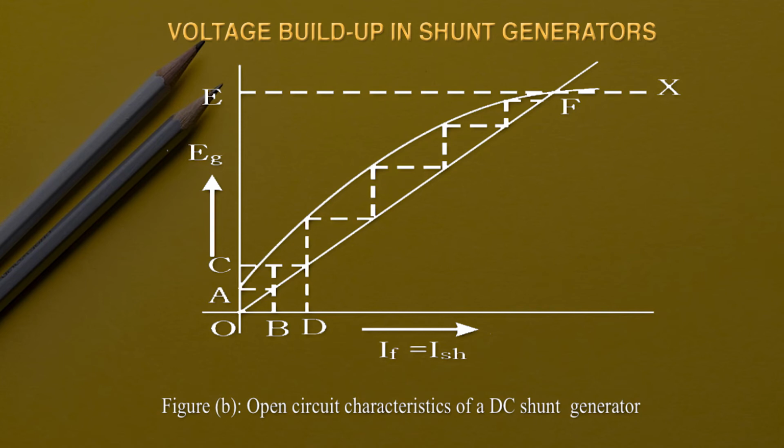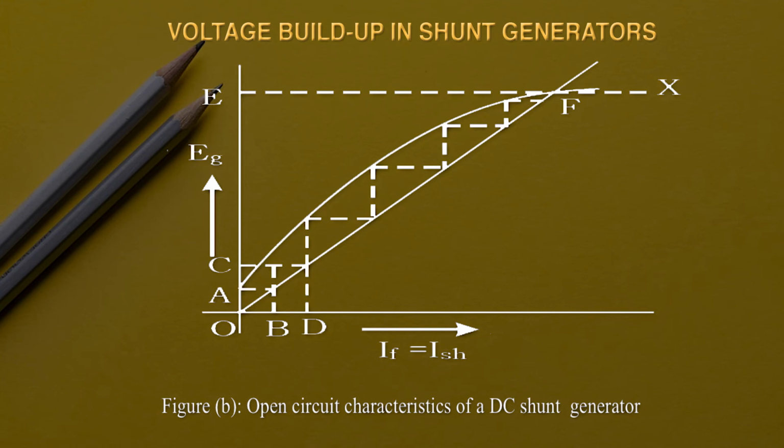Now, if this switch K is connected in the shunt field winding as shown in figure, the current OB flows in the field winding. This current increases the flux produced by the poles, and voltage generated in the armature is increased to OC. That further increases the field current to OD.